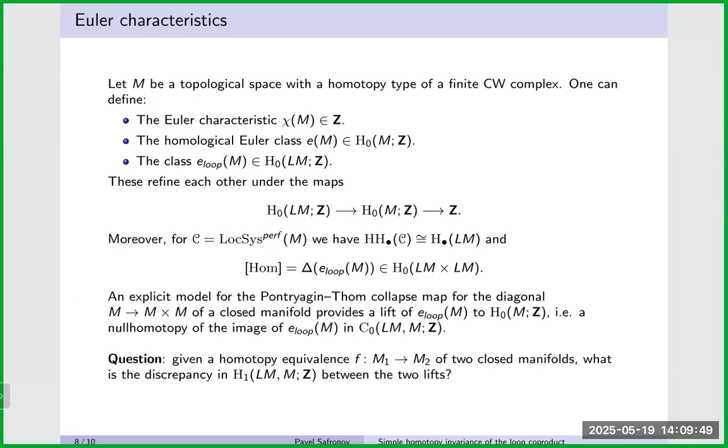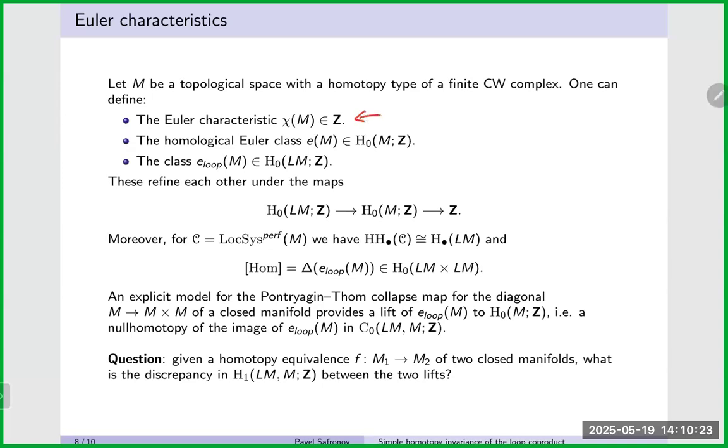Of course, the Euler characteristic is not defined unless you have some finiteness, because you look at the alternating sum of dimensions of cohomology groups, and you want to know that cohomology groups are 0 outside of some range, and they're all finite dimensional. So yeah, you need some kind of finiteness condition. One finiteness condition that's going to be relevant here is that you have the homotopy type of a finite CW complex, which ensures that the Euler characteristic is well defined.